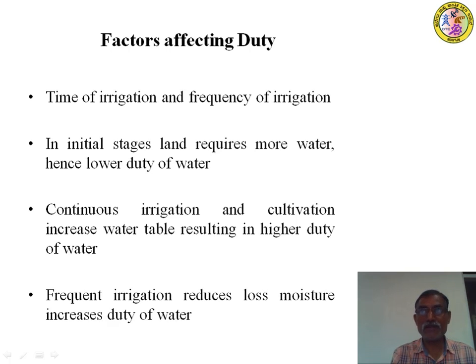Depending upon this frequency, the duty of irrigation water changes. In the initial stage, land requires more water, hence lower duty of water. Continuous irrigation and cultivation increases the water table, resulting in higher duty of water. Frequent irrigation reduces loss of moisture and increases duty of water.